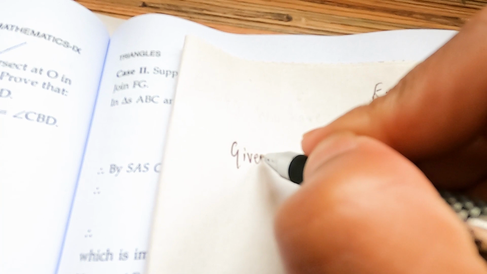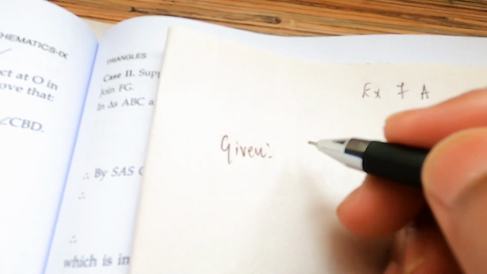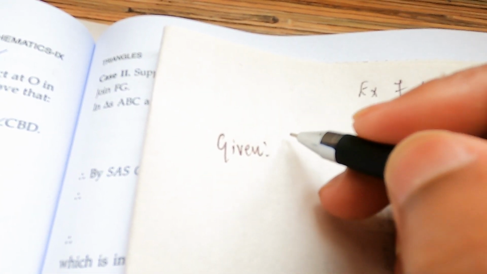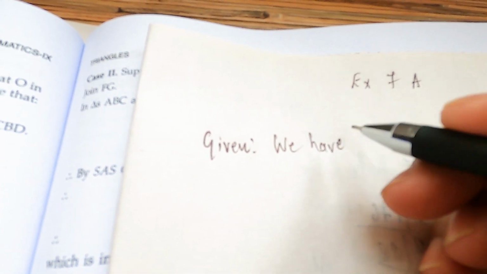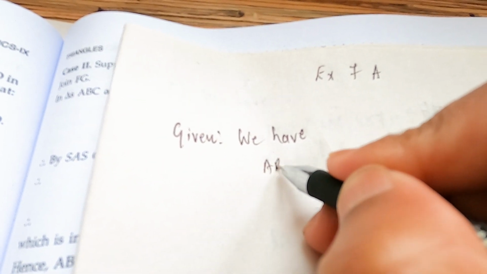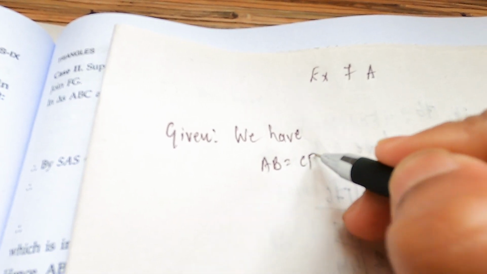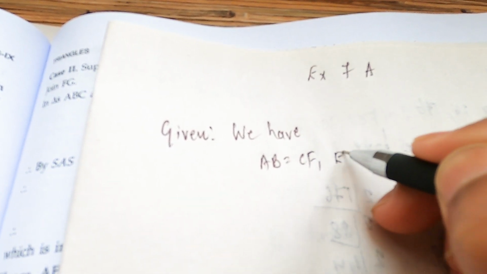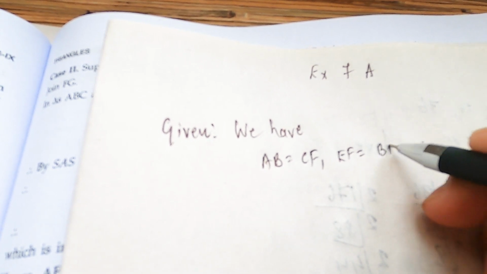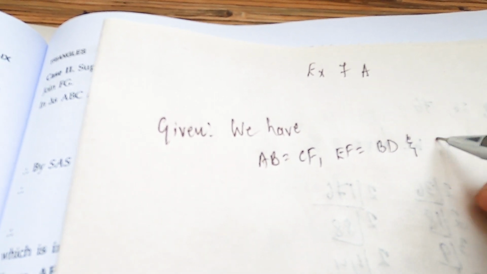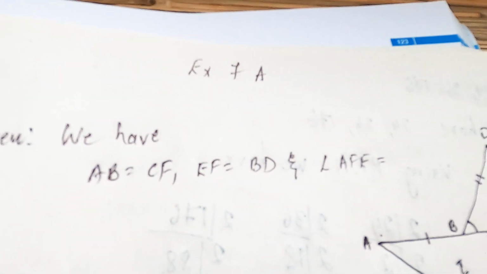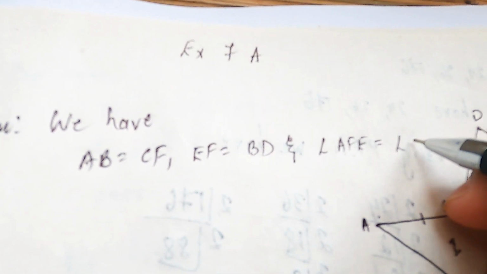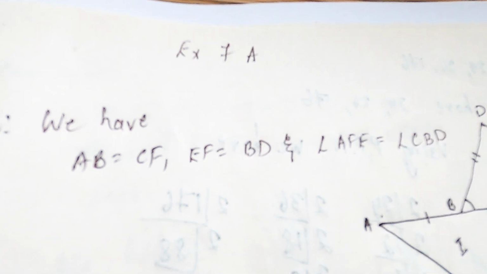Alright, so given, you will write we have AB is equal to CF, EF is equal to BD, and angle AFE is equal to angle CBD.